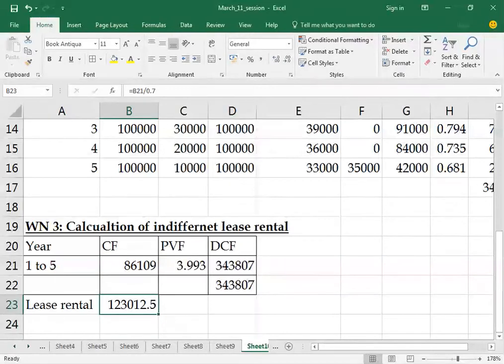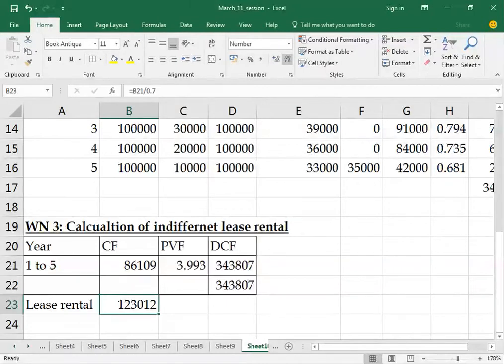So the rental is 1,23,012. So if they fix a rental of 123,012, everything works fine.